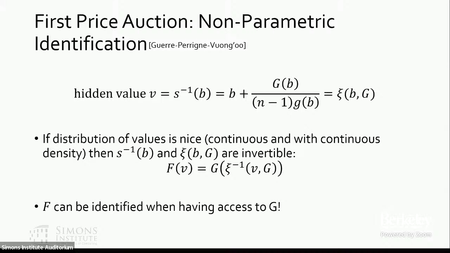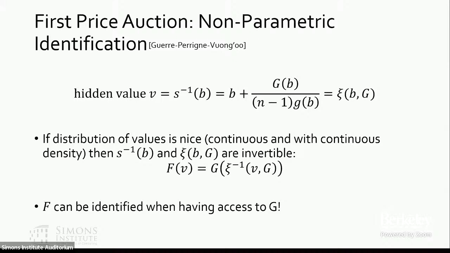Okay. So because you can do that, then you can essentially estimate the CDF and the PDF of the distribution of values. Because for every bid that you observe in the sample, you can reverse engineer what their value was. Okay? If someone gave you the equilibrium CDF and PDF. And so now, in the population limit, you essentially have samples from values.